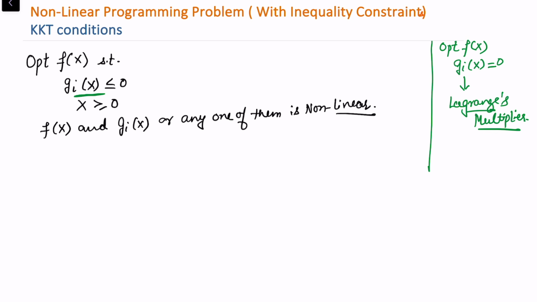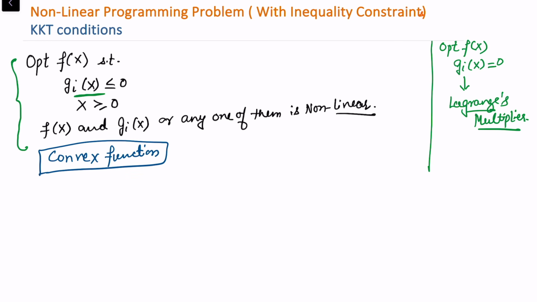But for problems with inequalities, we also require that our function and the g_i(x) have to be convex. When a function and a constraint are convex functions, this I also covered in my last video, so see that beforehand, because it is a prerequisite.